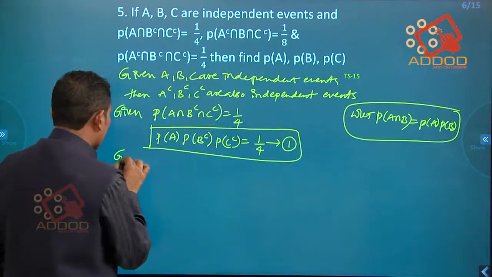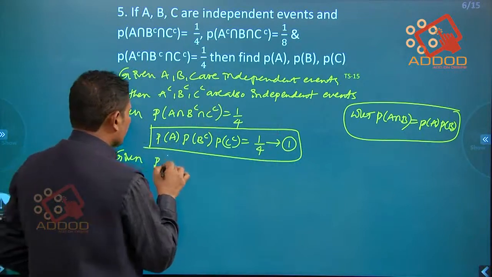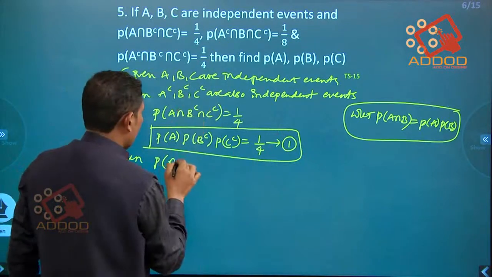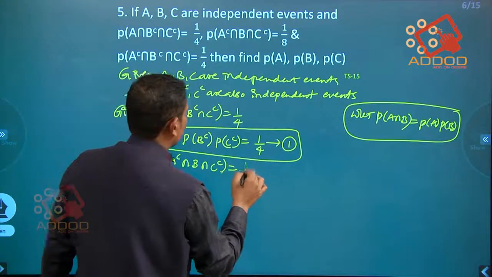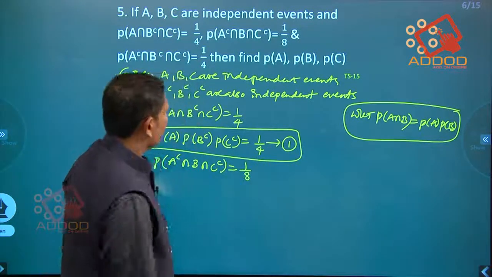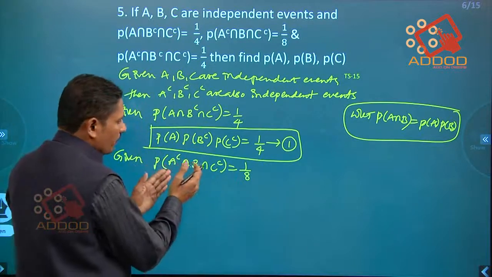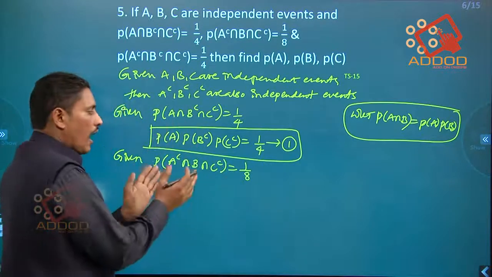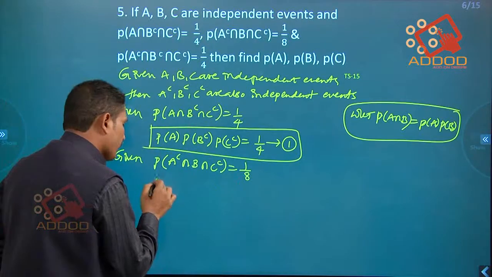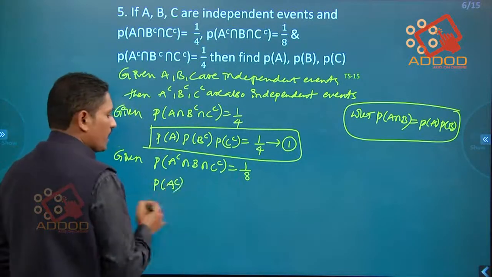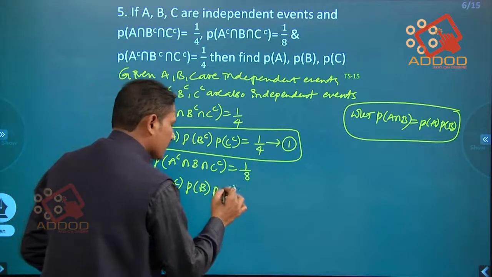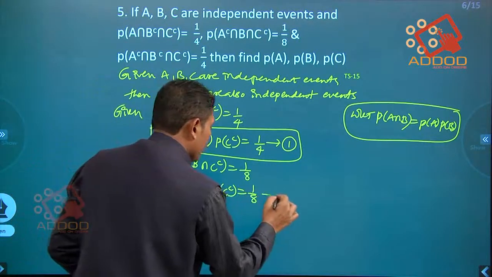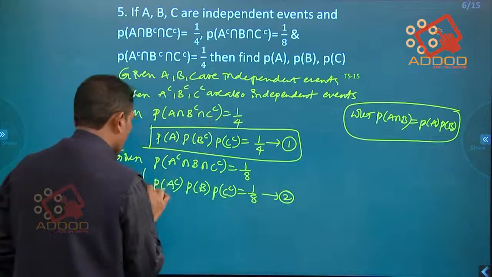Now the second given value: P of A complement intersection B intersection C complement is 1 by 8. Here A complement, B and C complement are all independent events, so using the formula, P of A complement into P of B into P of C complement is equal to 1 by 8, denoted as equation number 2.